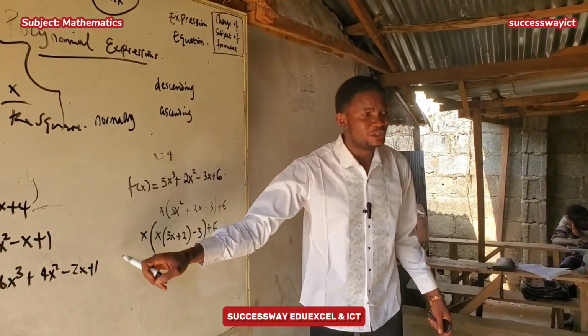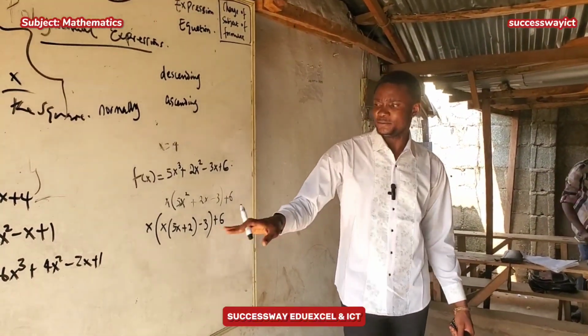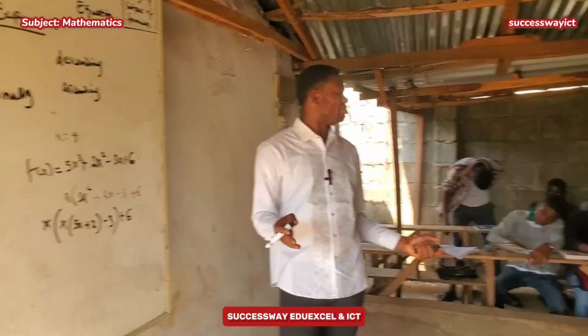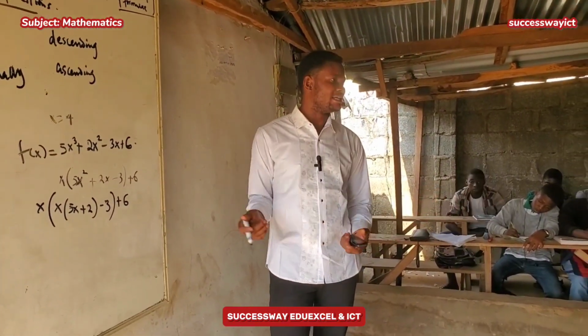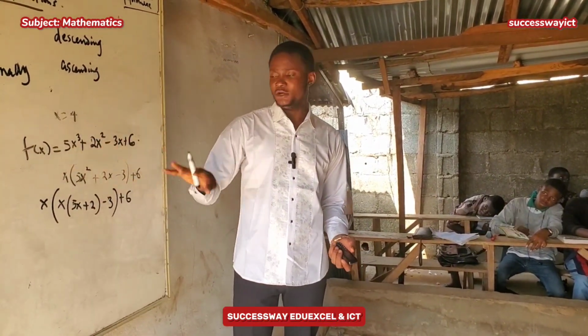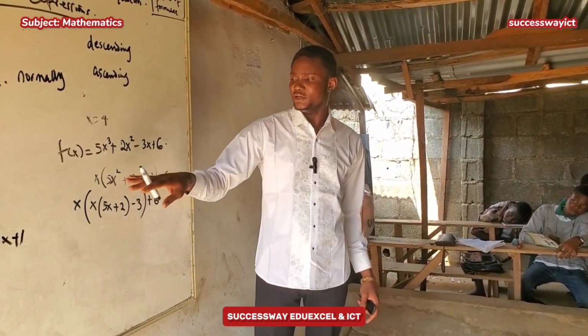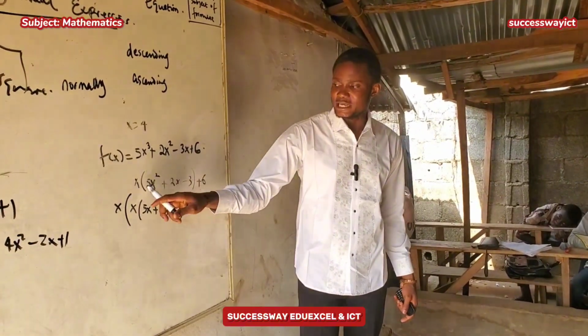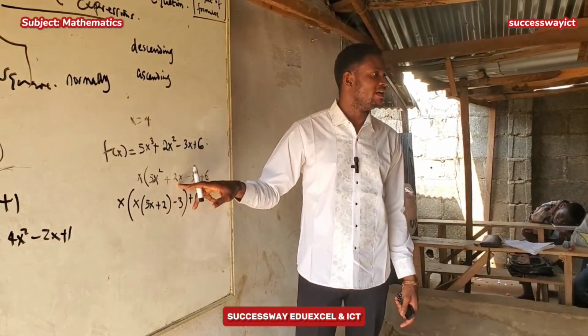So from this example that we're trying to do, look up. Now we are just trying to make it simpler so that we can easily put our x equal to 4. If you look at this, you have x here, x here, x here. We first of all brought out 1x. We have 5x squared plus 2x minus 3 plus 6. In this same one here, we also have x, we also have x.